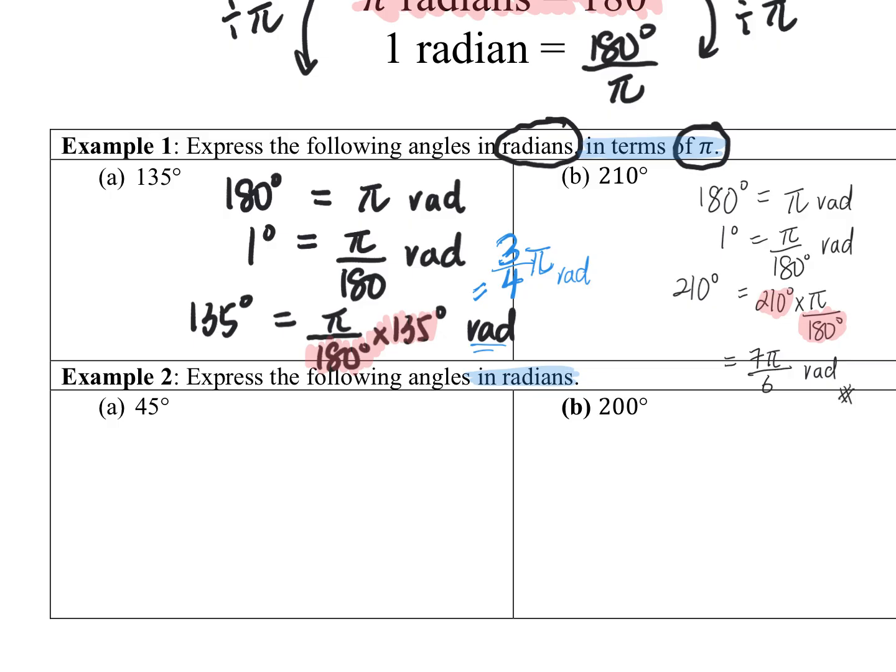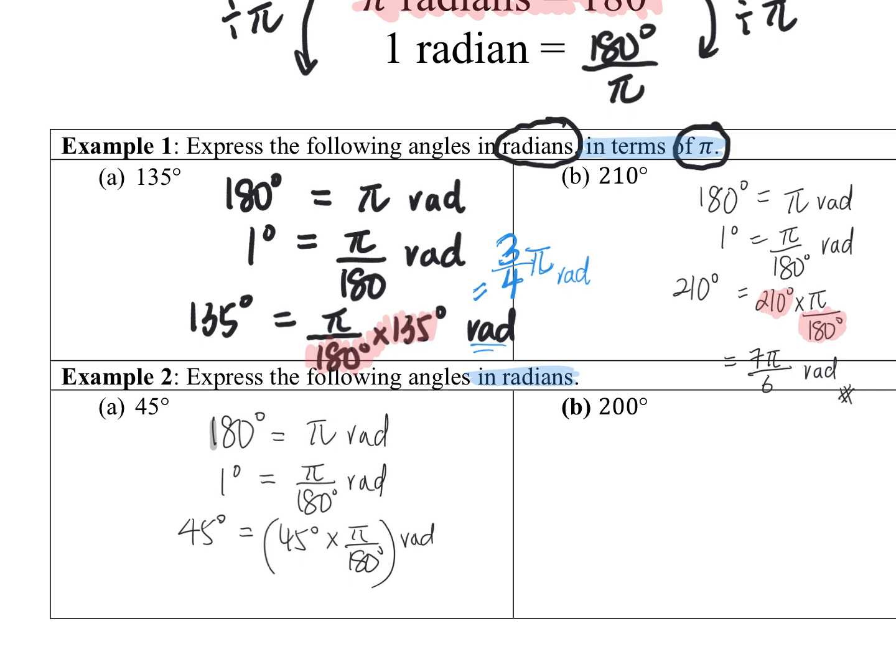Okay, so again we repeat, 180 is pi radians. 1 degree, pi over 180, 45. Okay, this time round you key in everything. This whole thing key into the calculator.